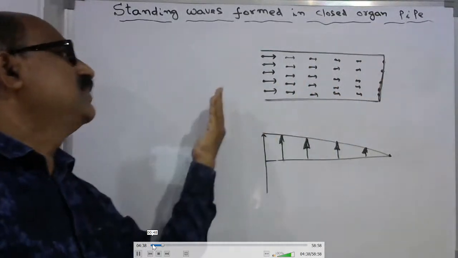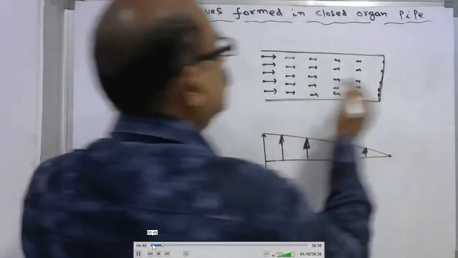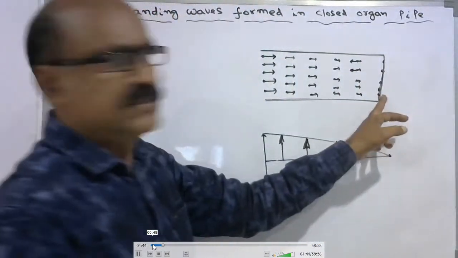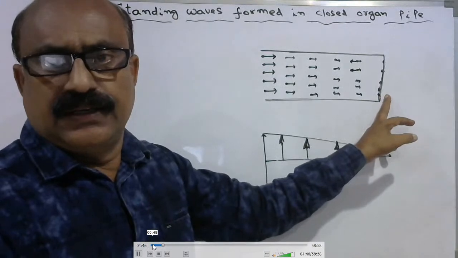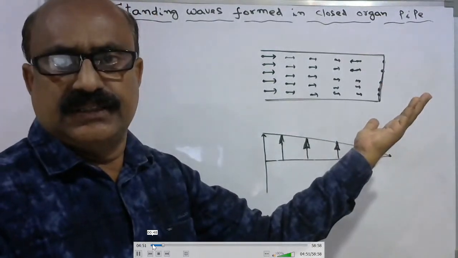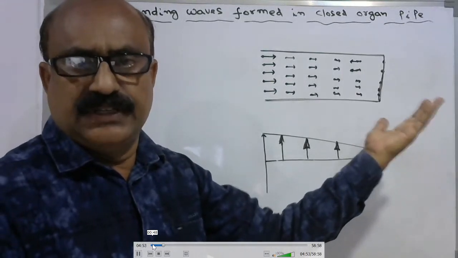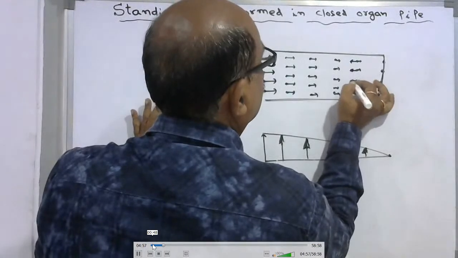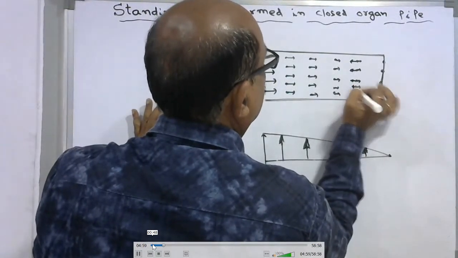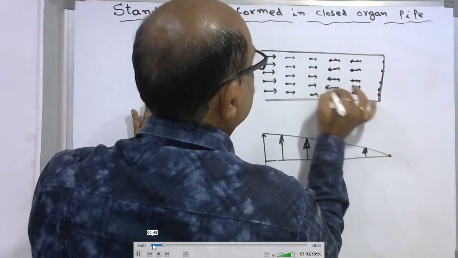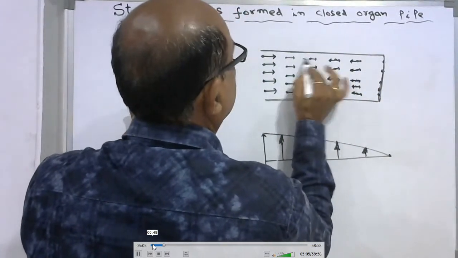While they are coming back and being reflected, since this is a closed end, they reverse by a phase of pi, and this is how they come back with increasing displacement.